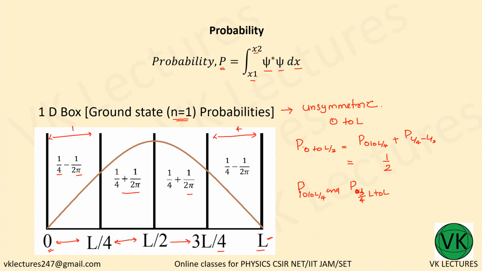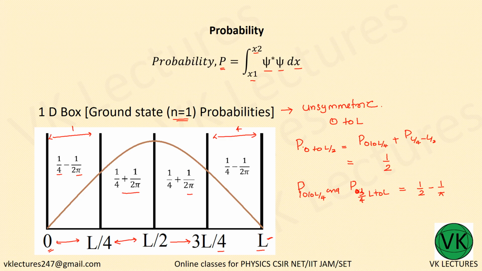So for the first and fourth region, the probability is 1 by 4 minus 1 by 2 pi plus 1 by 4 minus 1 by 2 pi. So that will be equal to 1 by 2 minus 1 by pi.